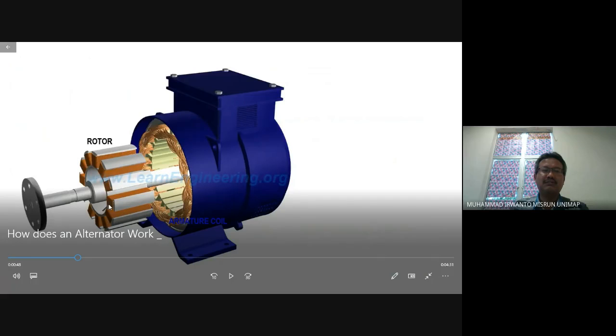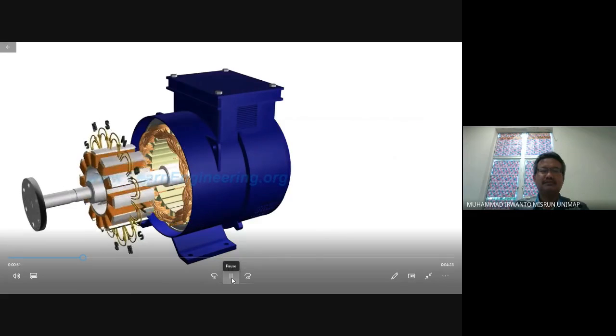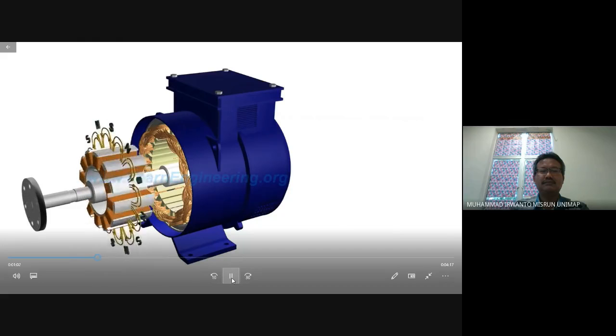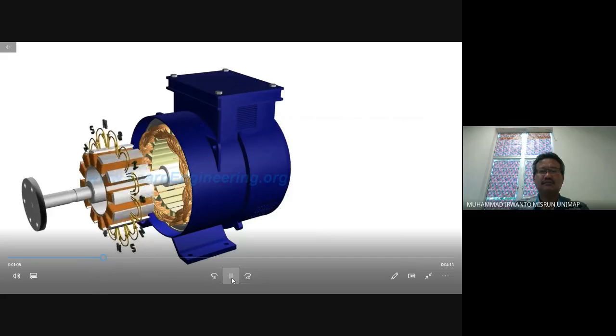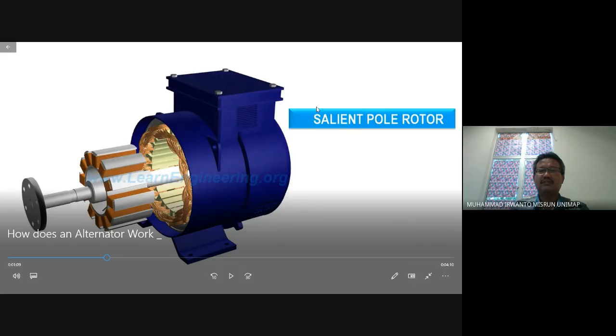The rotor winding is fed by the DC current, and we can see the rotating magnetic field will be produced. So this is the type of the salient pole rotor.